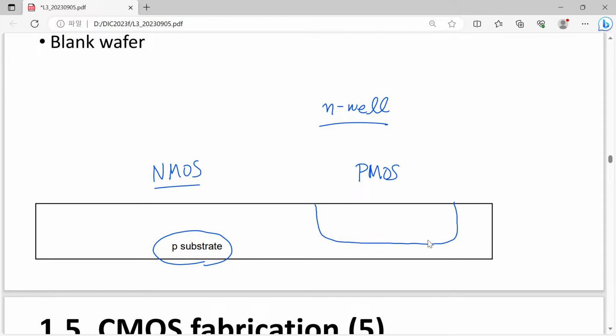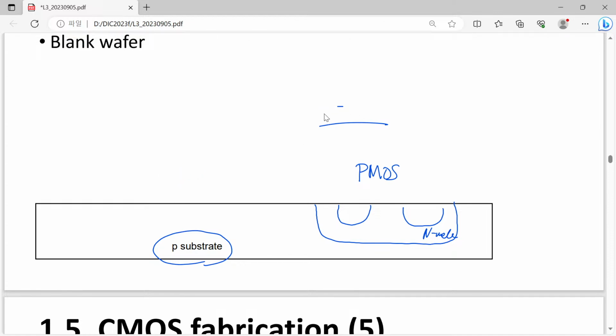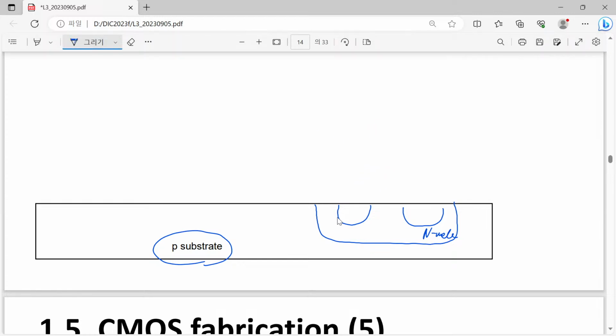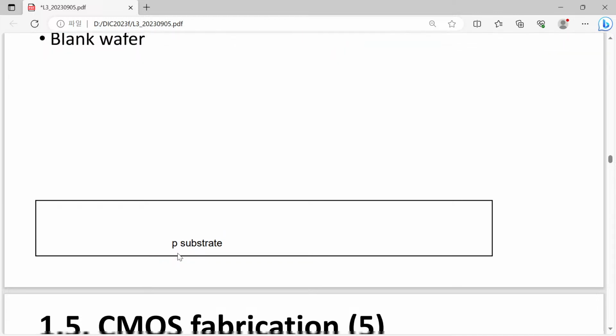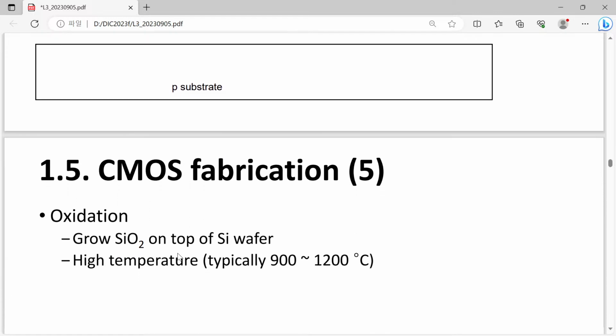Okay, let's say that this is the N well, and on top of it we will make our P MOSFET. Then how can we make an N well? Now we will talk about this N well fabrication procedure in more detail. After that, the later steps will be introduced more quickly because that is just a repetition of a similar procedure.